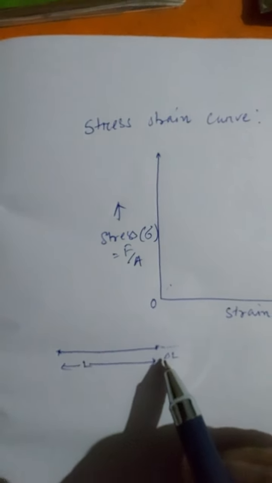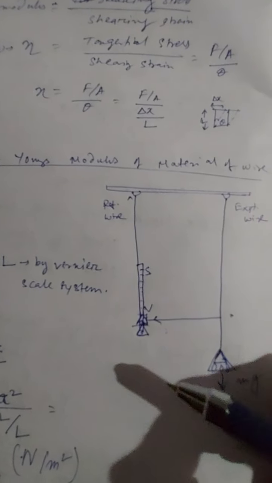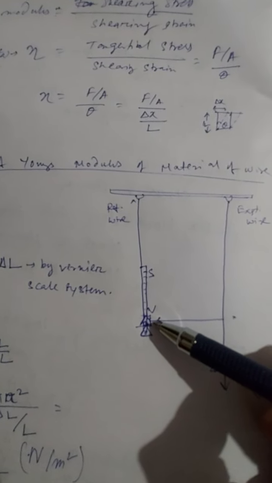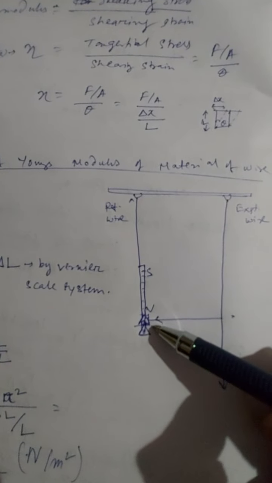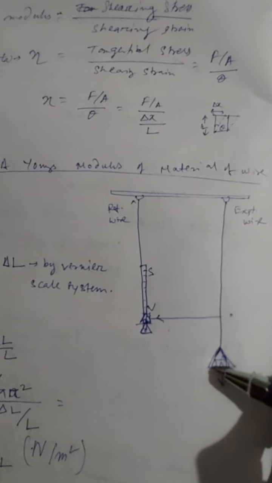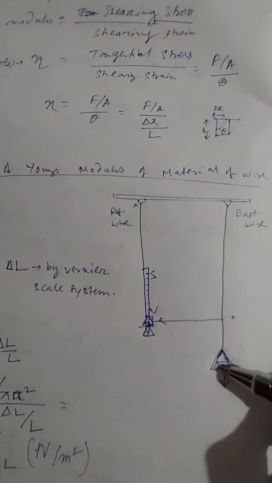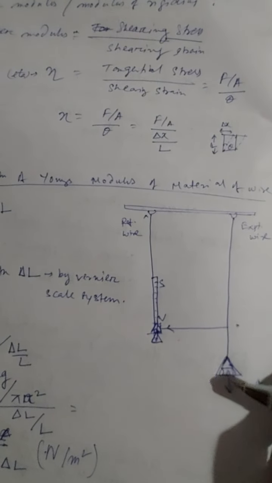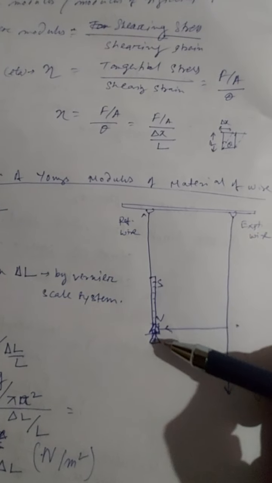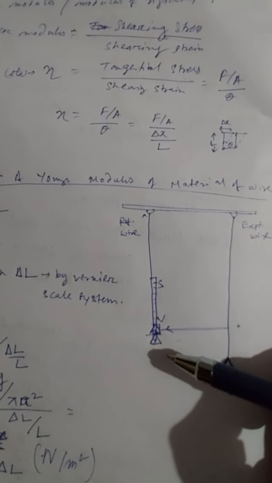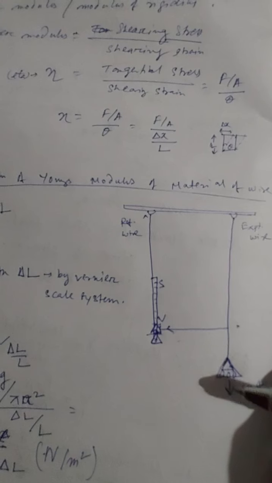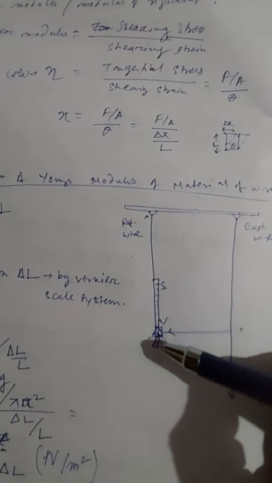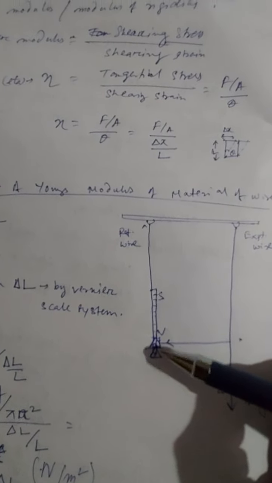Using this pointer, we can measure how much delta L is. As we keep on increasing the mass, the weight will change, and as a result the delta L will change. For each mass there will be a different delta L and hence a different delta L by L. That is, for different weights there will be different stress, and the corresponding strain will be measured.